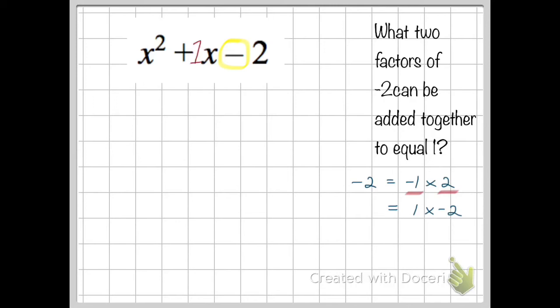We're trying to get plus 1x. So the only way we can do that is if the numbers are -1 and +2. What's the pattern? If you have a positive and a negative in the expression in that order, then the factors will be negative and positive.